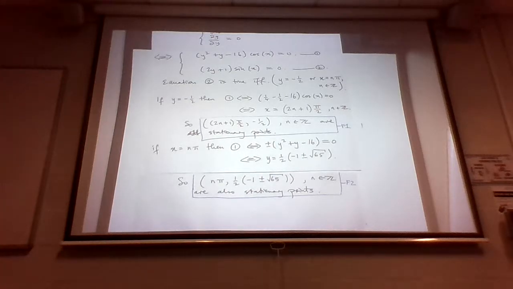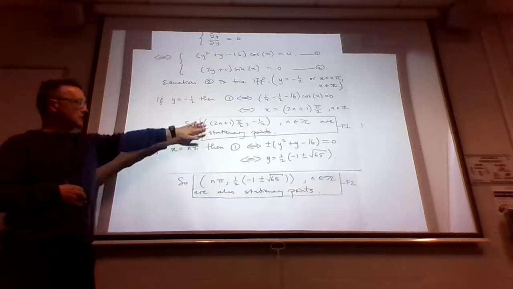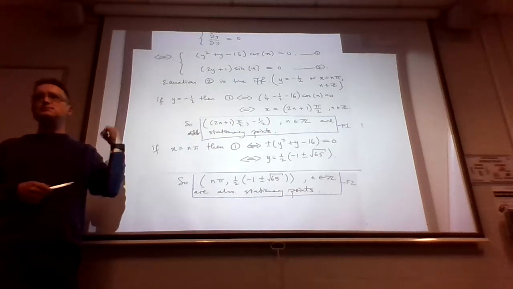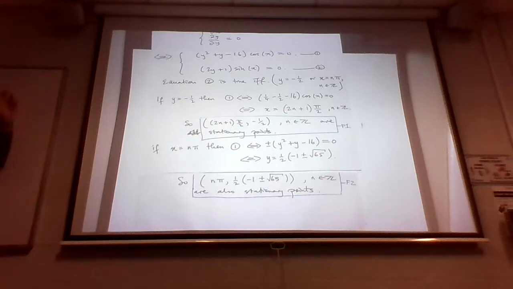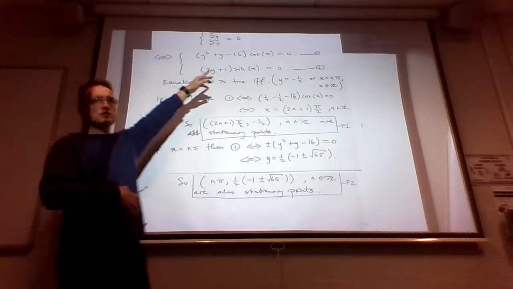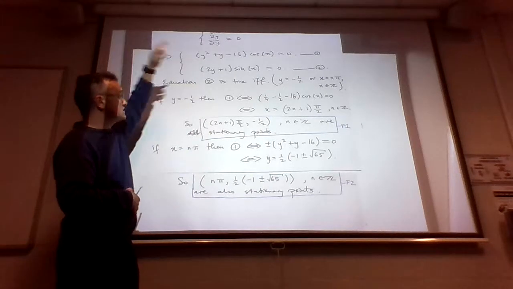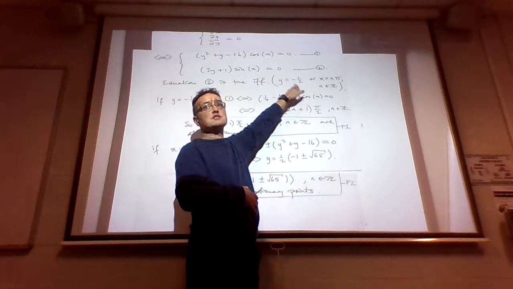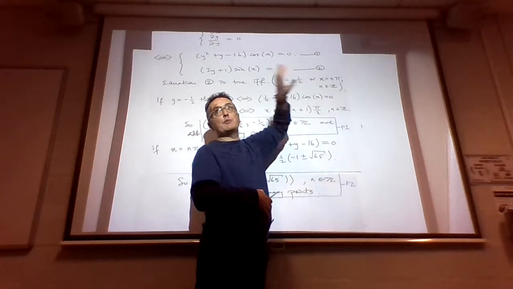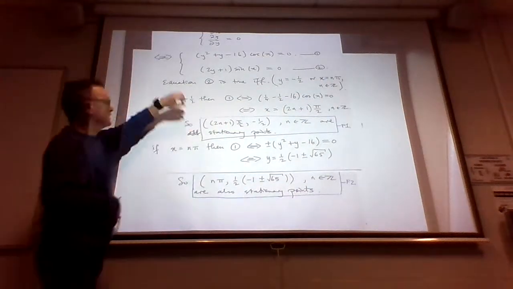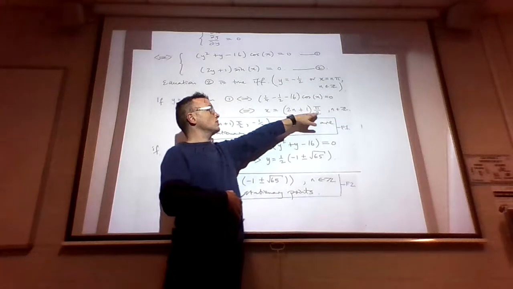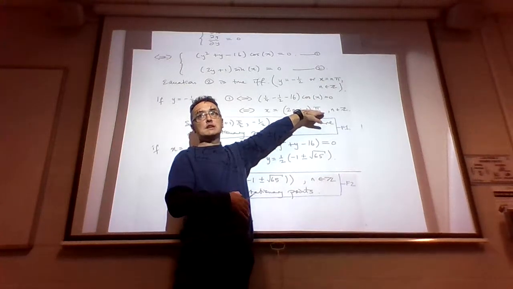We have to appreciate that what we've got there is a method for discovering these stationary points, but it also proves there aren't any others. Because by definition, stationary points are simultaneous solutions to equations 1 and 2. When we first examined equation 2, we found the complete description of its solutions. And we imposed that description on equation 1, and then found the conditions under which equation 1 was true.